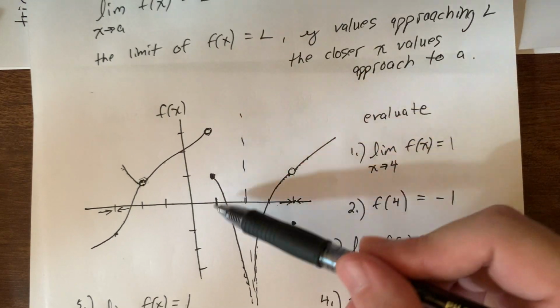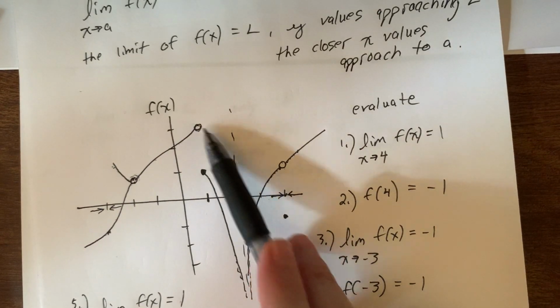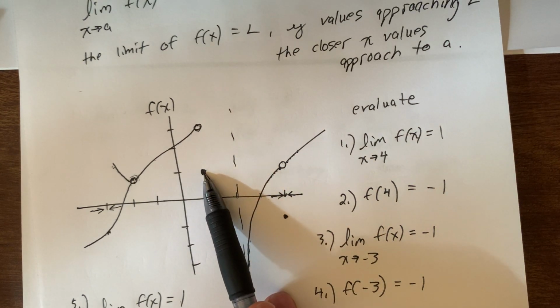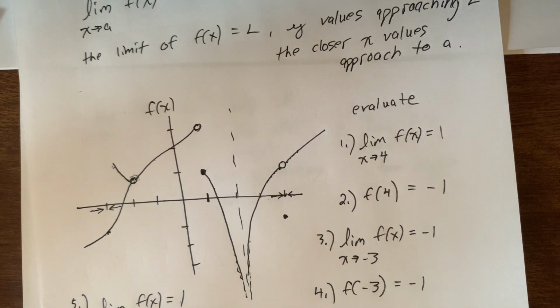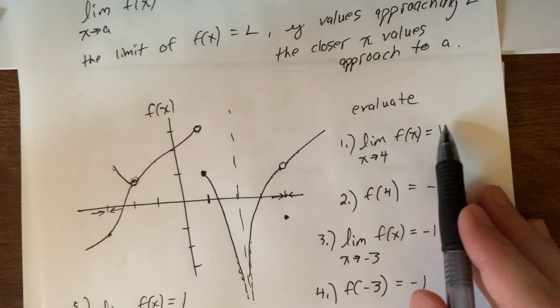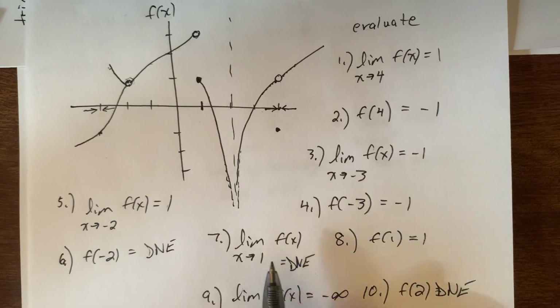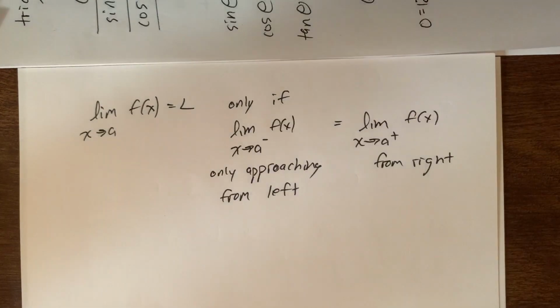This was the only spot the limit didn't exist. The limit from the left equaled 3. The limit from the right equaled 1. 3 doesn't equal 1. That's the only time the limit didn't exist. But every other spot, whether the limit existed or not, we got an answer from the left and from the right. And when those answers matched, that was the answer for the entire limit. And when the answer didn't match, that's when we get the does not exist.